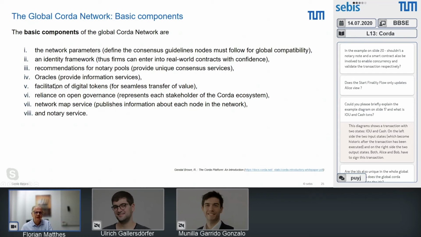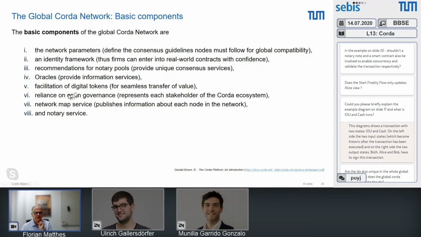The global Corda network also has contracts, like the ERC20 tokens, for defining the interfaces and having a reference implementation of digital tokens for value transfer, as we have seen with the euro exchange in our IOU contract.